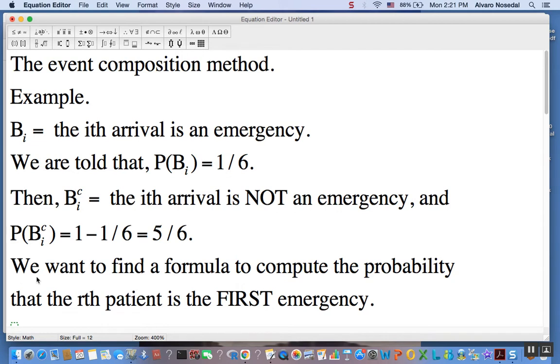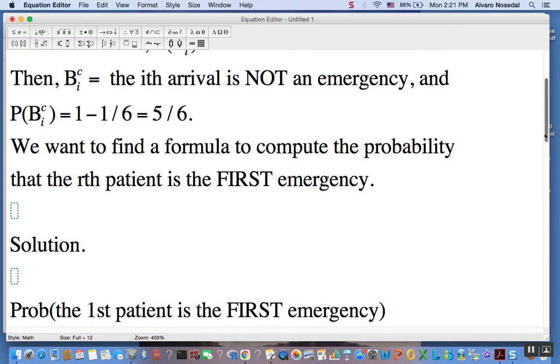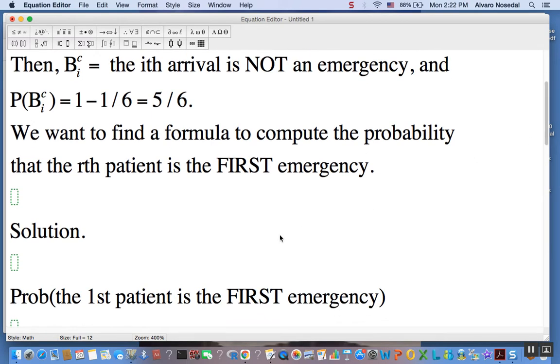And again, reminding us that the ultimate goal is we want to find a formula to compute the probability that the rth arrival, the rth patient, is the first emergency. Let's do it step by step.